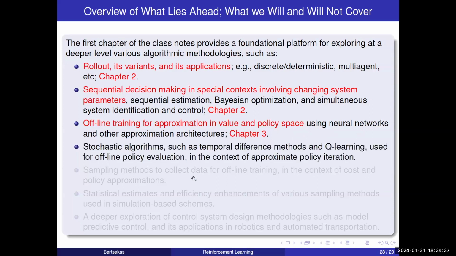Now, there are a lot of other topics in reinforcement learning that we're not going to cover. There are stochastic algorithms such as temporal difference methods and Q-learning. These have been important for the development of the field. You'll see a lot of literature about them. They are used for offline policy evaluation and also for approximate policy iteration.